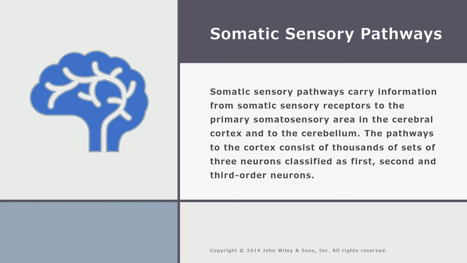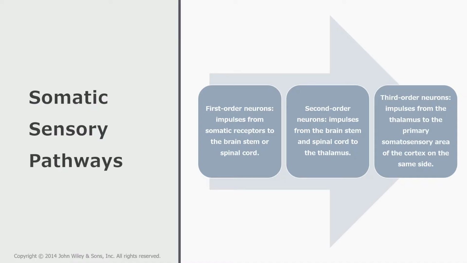The somatic sensory pathways involve first order, second order, and third order neurons. First order neurons are going to be the neurons that conduct impulses from the somatic receptors into the brainstem or the spinal cord.